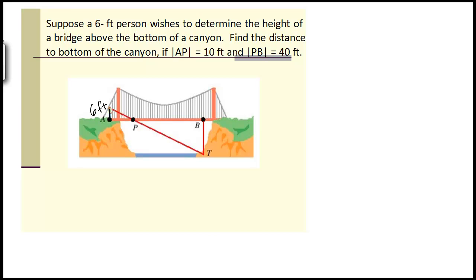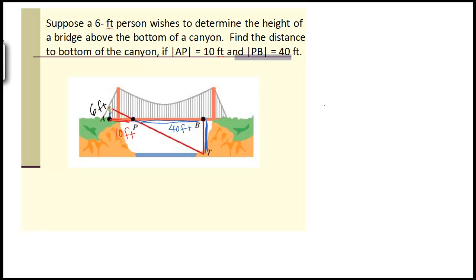That would give you the height of the person. We're told that AP, which is this part right here, is 10 feet. We're given that the other side, PB, is 40 feet. And we're looking for the height.